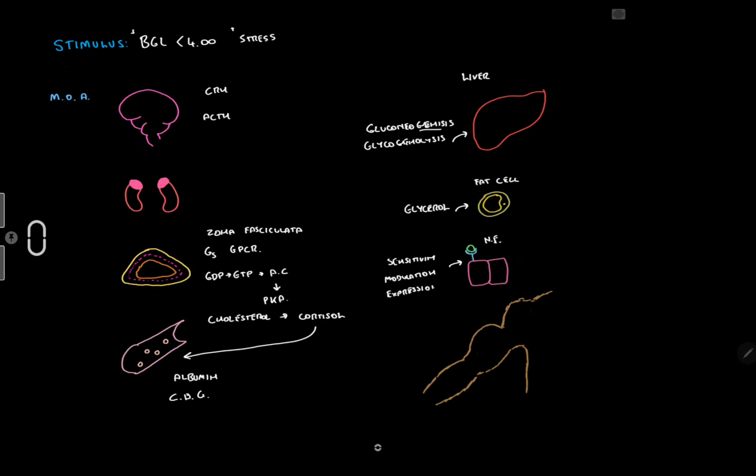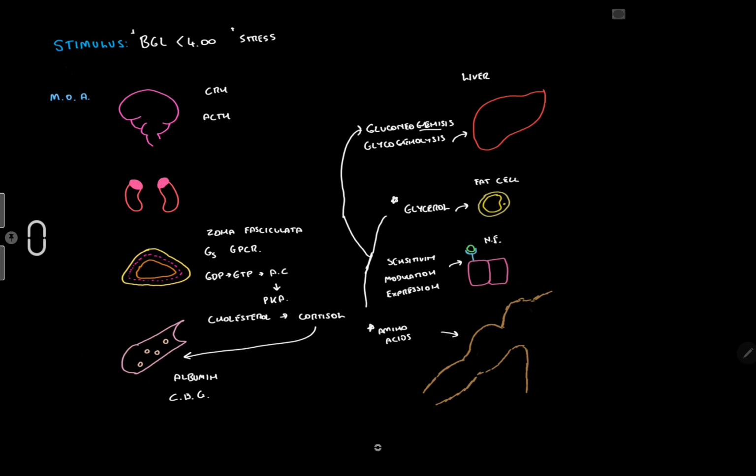And finally, the effects it has on muscle. So cortisol acting on muscle, specifically acting on proteins, is going to break down the protein and produce amino acids. Now glycerol and amino acids, these two are going to combine and move all the way up, and this is how you get gluconeogenesis within the liver.